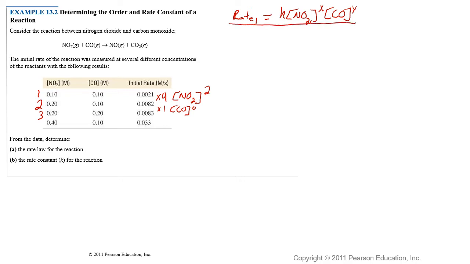We compare it by dividing the whole thing by the rate law for experiment 2. We can determine our order. We'll plug some numbers in. So we're comparing rate 1.